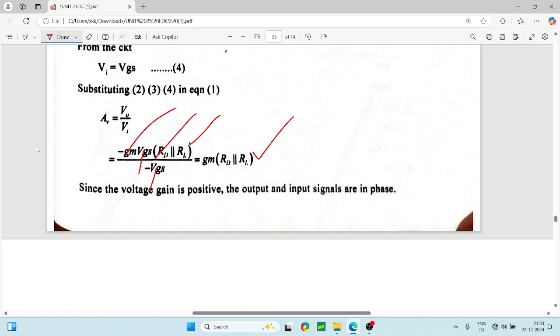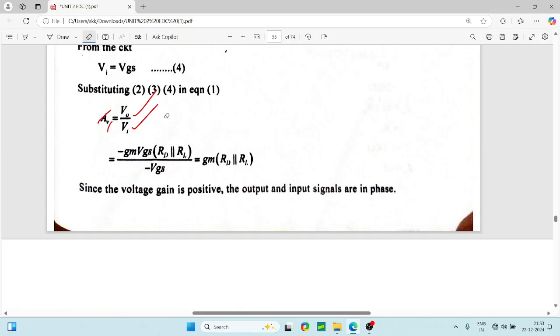A means gain; here it is the voltage gain AV. AV is equal to V naught by VI. Previously we found the V naught value as well as the VI value. So whatever may be, when voltage gain comes, before that whatever V naught value you find, V naught is equal to output voltage into output current.